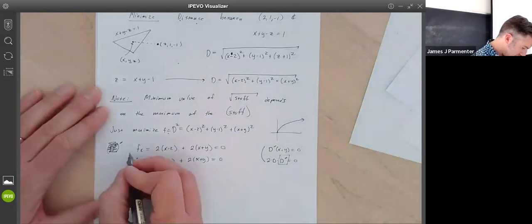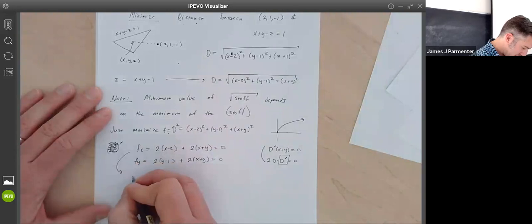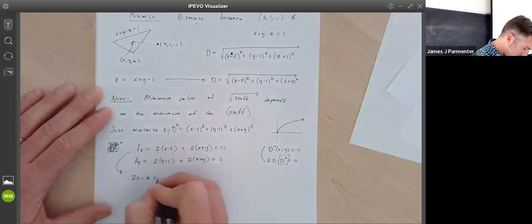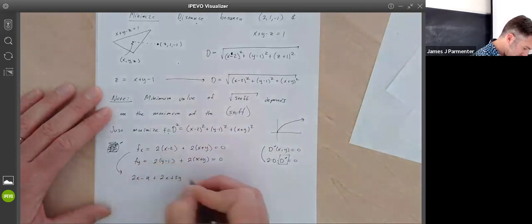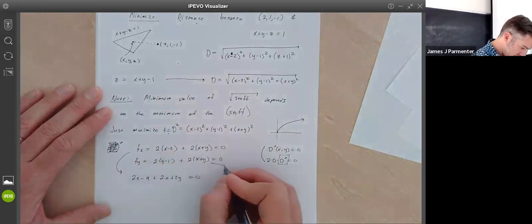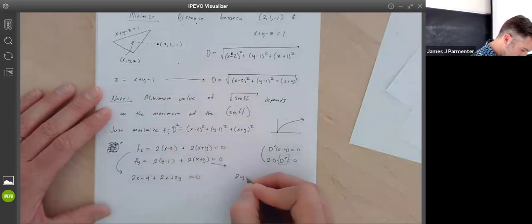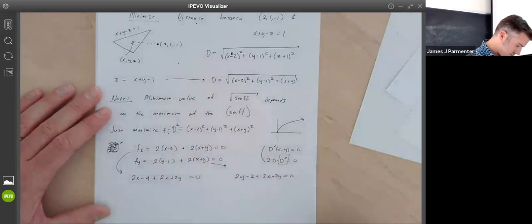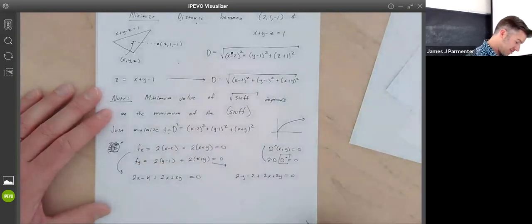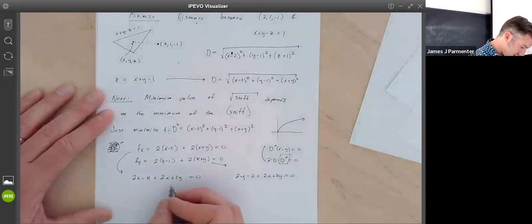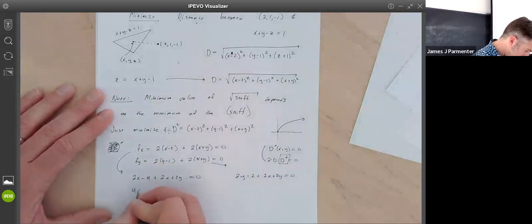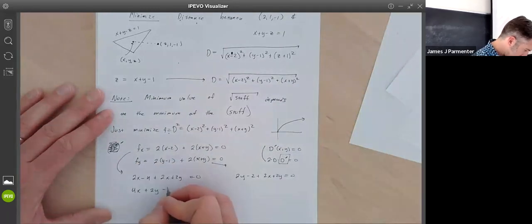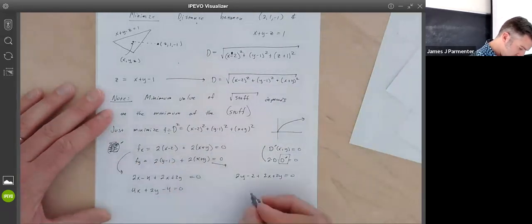So we should probably just multiply these out. So I have 2x minus 4 plus 2x plus 2y equal to 0. And this one's going to become 2y minus 2 plus 2x plus 2y equal to 0. All right. So let's see, we've got 4x plus 2y minus 4 equal to 0.